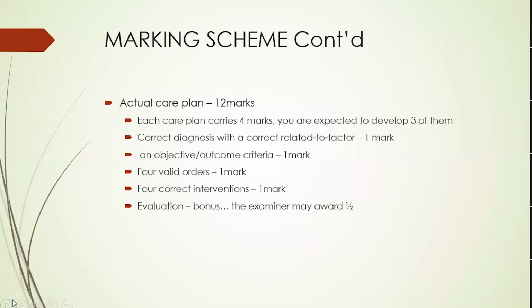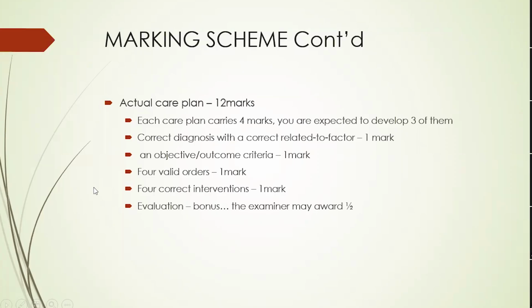Yes. So every correct diagnosis with a related factor also gives you 1 mark. So for instance, if you state acute pain (abdomen) related to, let's say the patient had peptic ulcer, then we are relating it to increased acid secretion or oversecretion of the HCl in the stomach.